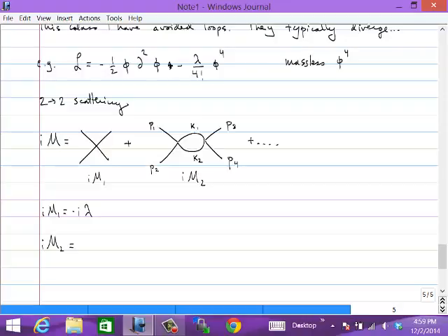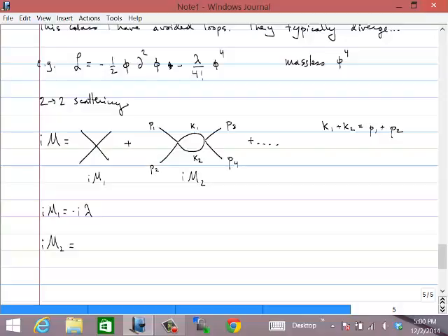Now remember, the rule that we use when we study Feynman diagrams is you have to enforce momentum conservation at each vertex, so that, for example, K1 plus K2 is equal to P1 plus P2. So K1 and K2 are not free variables. They're constrained. Their sum is equal to P1 plus P2, and is also equal to P3 plus P4. That's also just the conservation of total momentum.